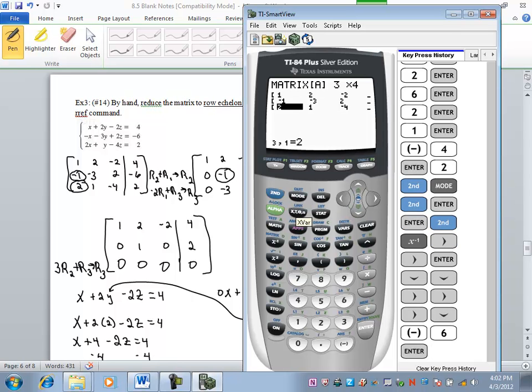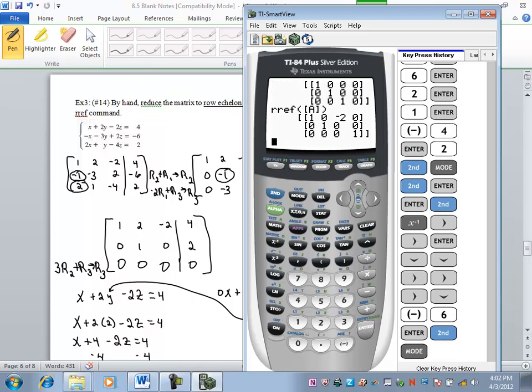So let's go back to our home screen. And let's do RREF.